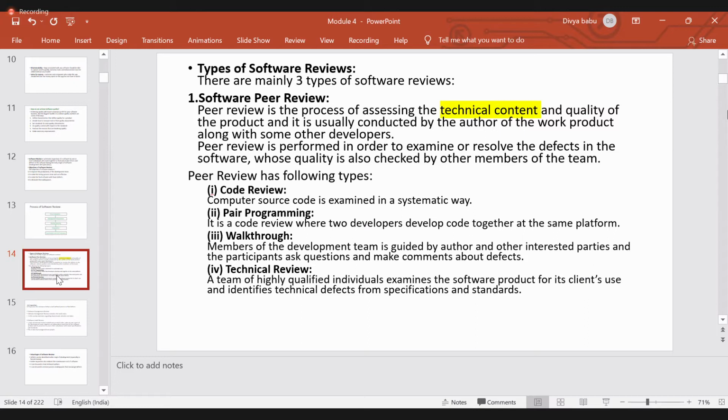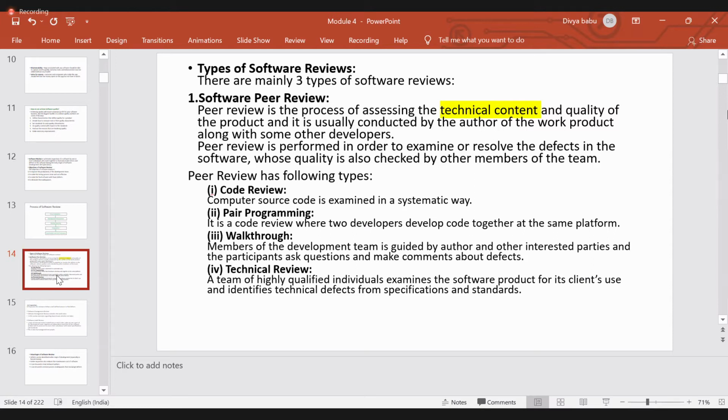Code review means the code you have written is reviewed by the peer members. And pair programming means when you write code, another supporting programmer is also there to support you.